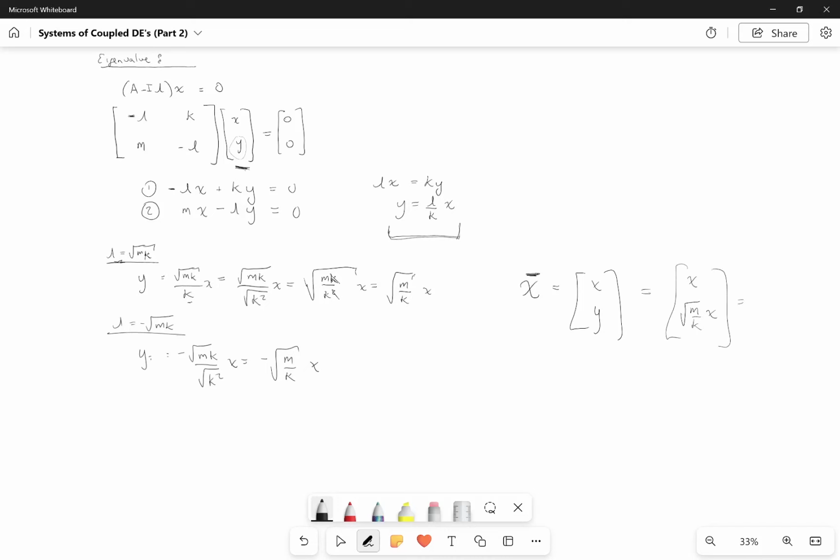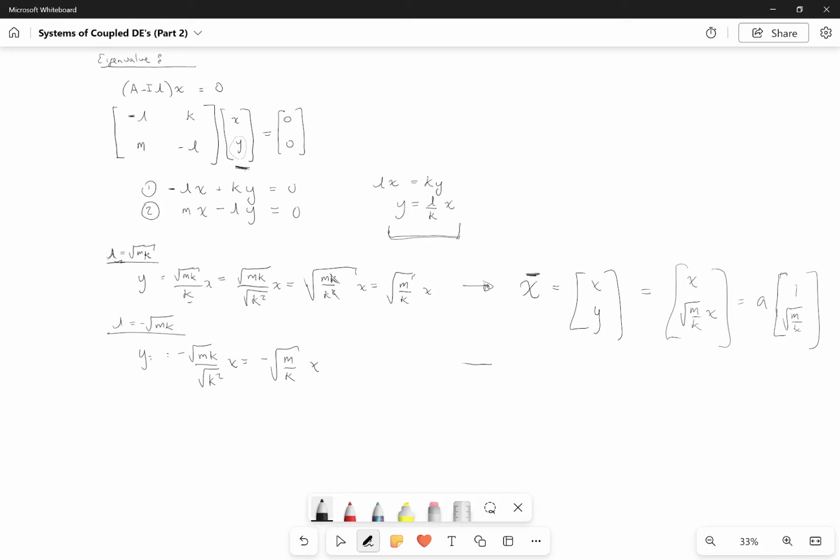So then this becomes x, and then 1, and then square root m over k. Okay, so this is a constant of some sort. It can be anything. If I make it a constant, that may help a little better. We'll just say a. So this is the eigenvector that corresponds to this eigenvalue.